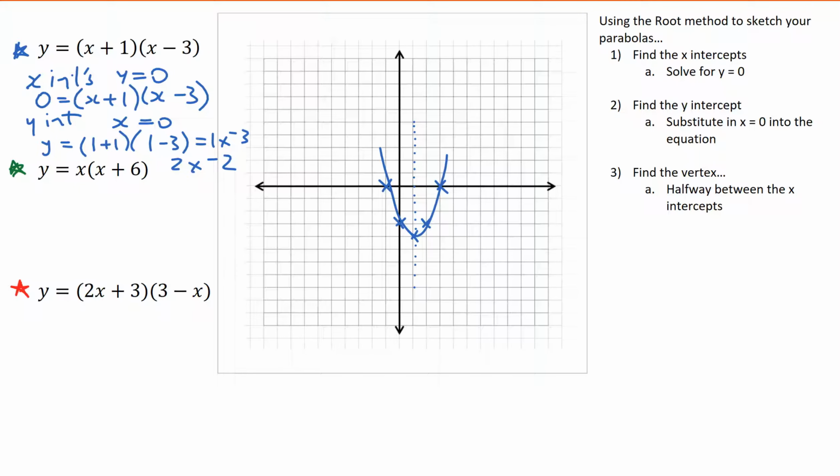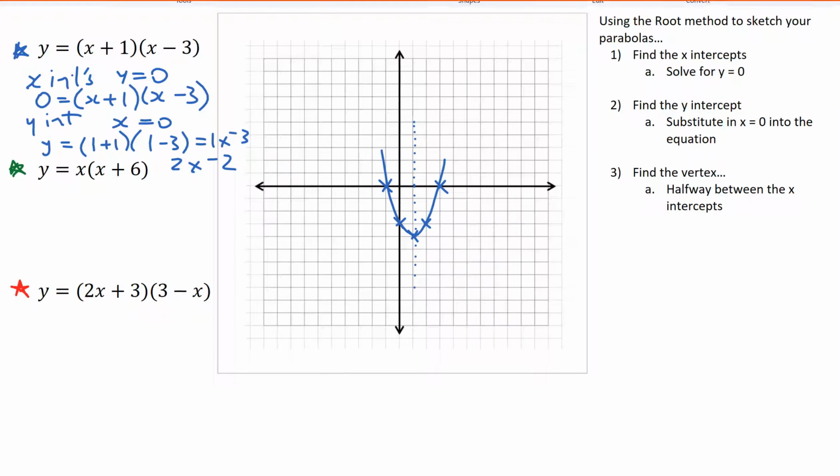It's not a very good graph because I missed it, didn't I? There's my blue one. Another way of getting that vertex is to go from here across 2, down 2 squared, which is 4. Any questions with that blue one?